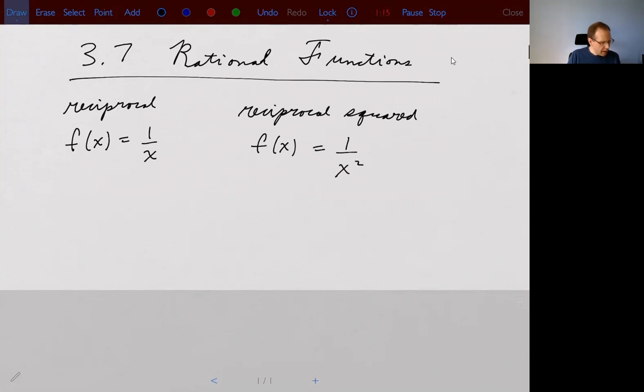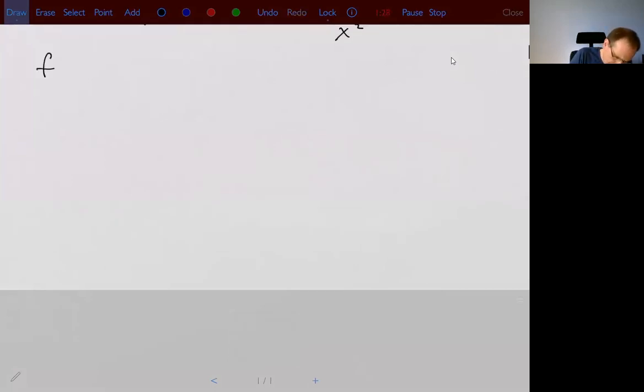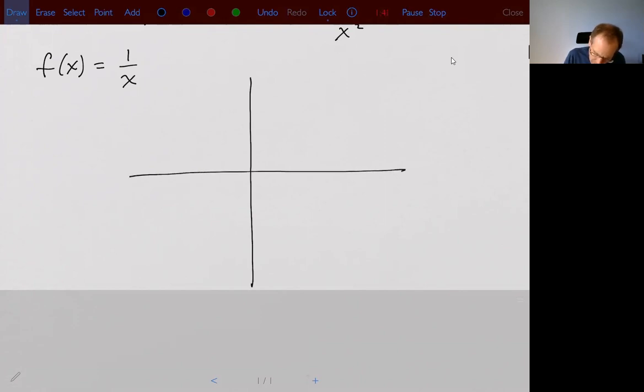Okay, so let's look at the reciprocal function first. So this is f of x equals 1 over x. And remember what that looks like, right? So if I draw out a Cartesian coordinate system here, this is x, this is y, or this is f of x.